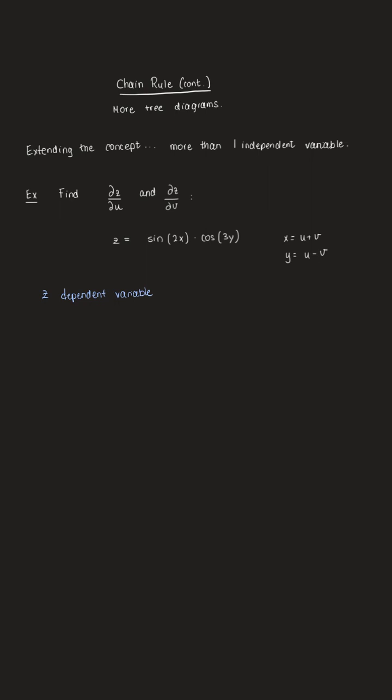But now we want two partial derivatives, one with respect to u, one with respect to v, and that's because we have two independent variables this time. Because z depends on both u and v, we can only find partial derivatives in the direction of u and in the direction of v.